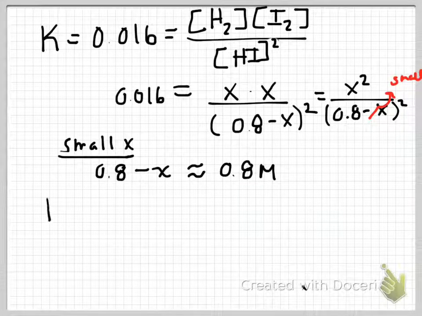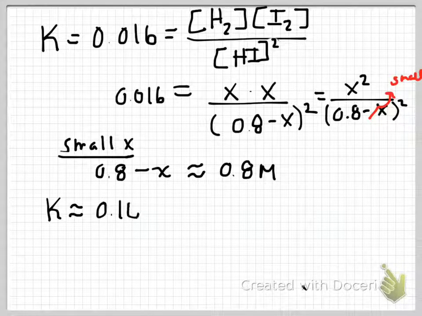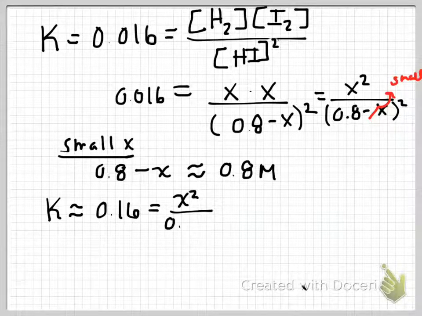So you can get that K is approximately 0.016 equals x squared over 0.8. Don't forget to square that. And you go through the algebra.